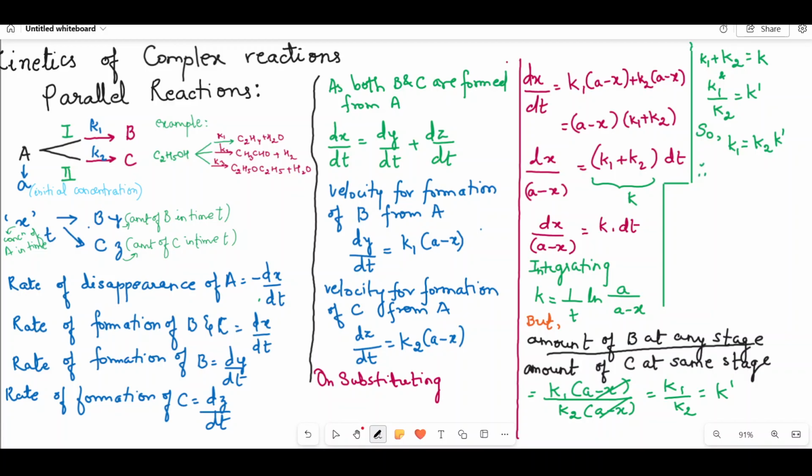Therefore, substituting the value of k1 in this equation, we get k2 k dash plus k2 is equal to k.